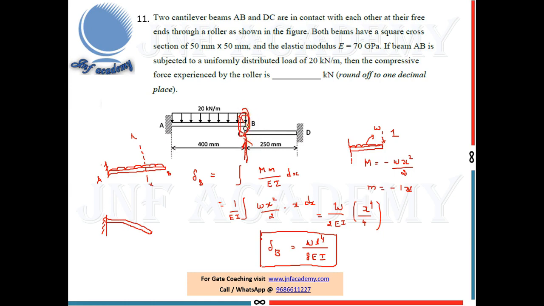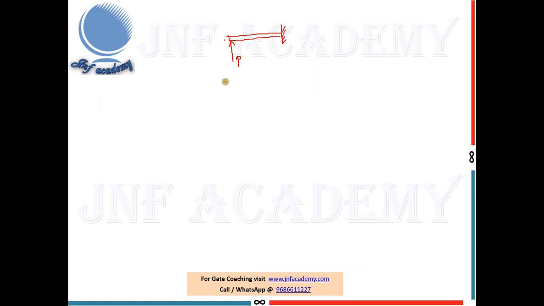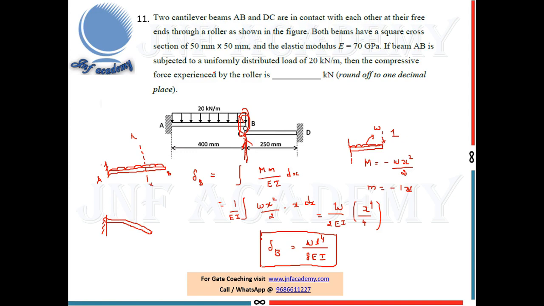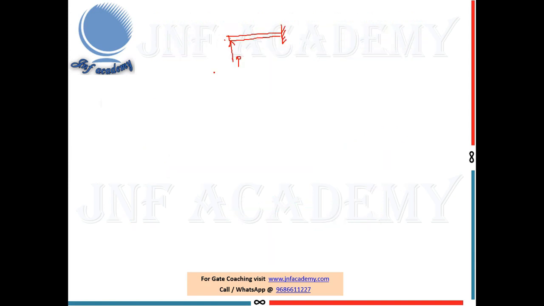Now what will be the formula for finding the deflection at C? Let us take this as C and this as D. So deflection at C is PL cube by 3EI.